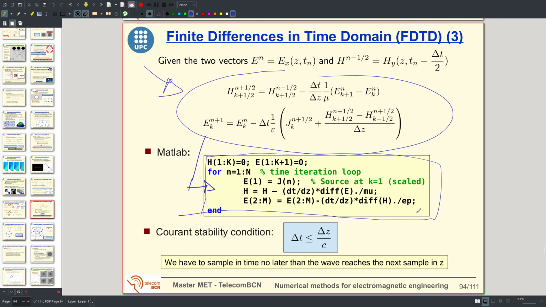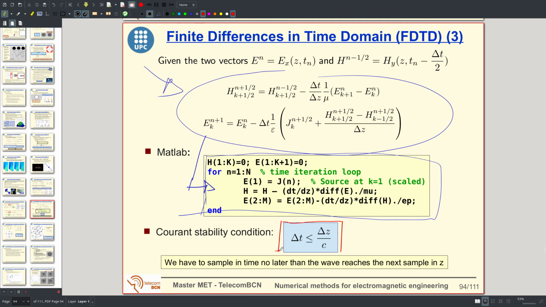In fact, you will do later an assignment in which I have programmed all the methods for you to solve the one-dimensional wave equation, and one of the methods is finite difference time domain, and you will see this loop programmed there. There are many issues to take into account, and the most important one is the time step.